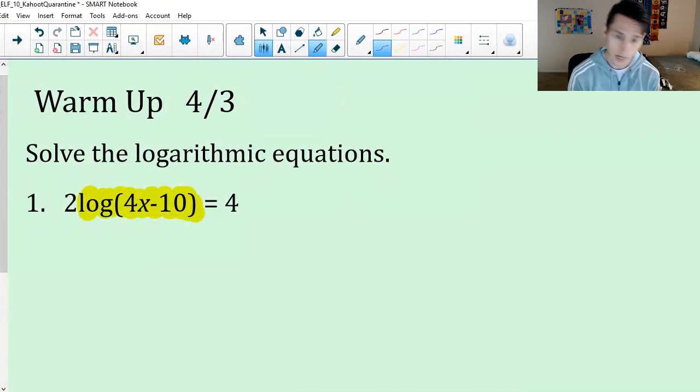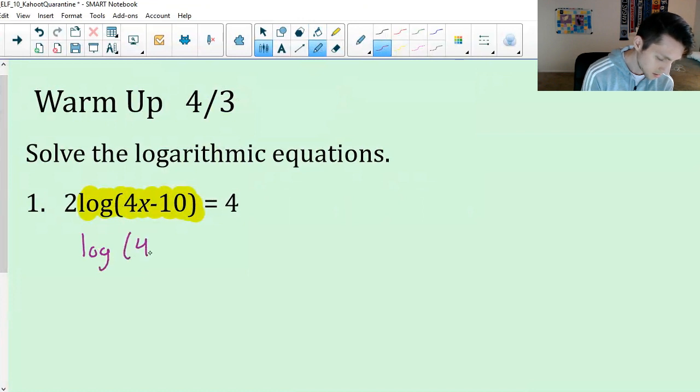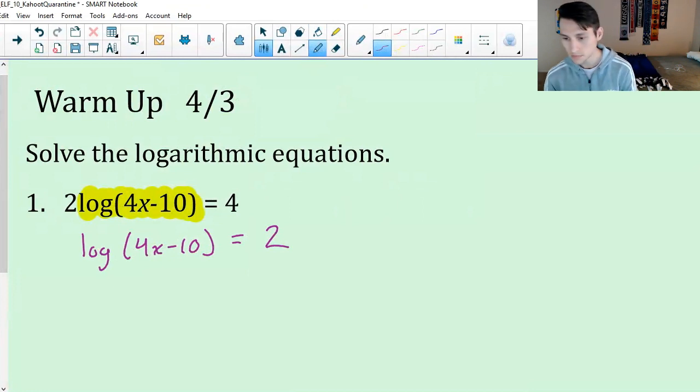So let's start off by dividing by 2 on both sides. 4 divided by 2 is 2. We want to use exponential in order to get rid of this logarithm. So currently, I don't see any base.